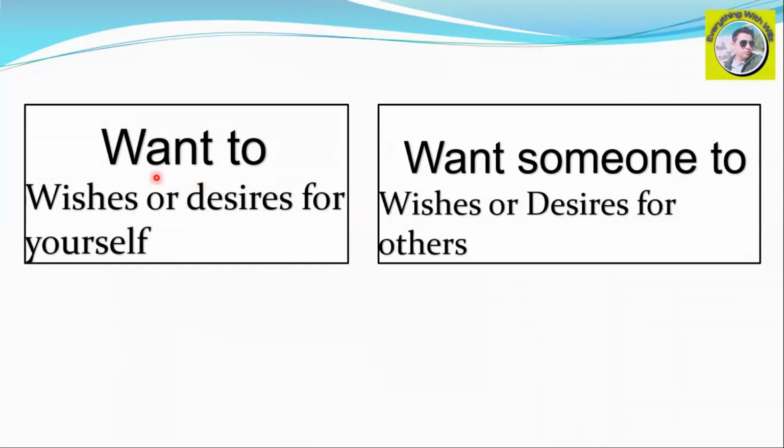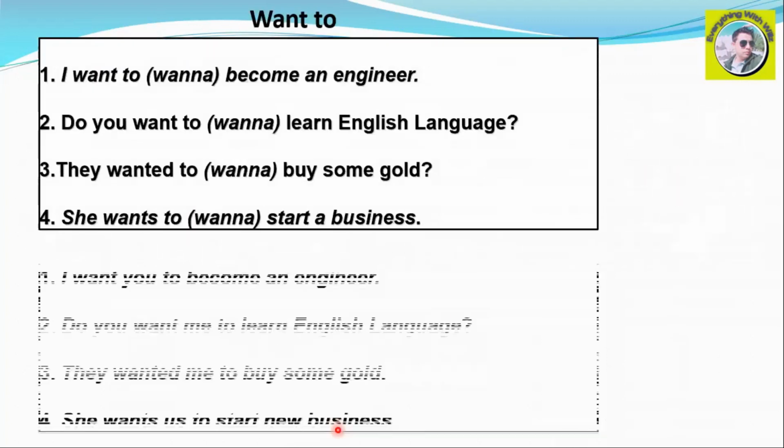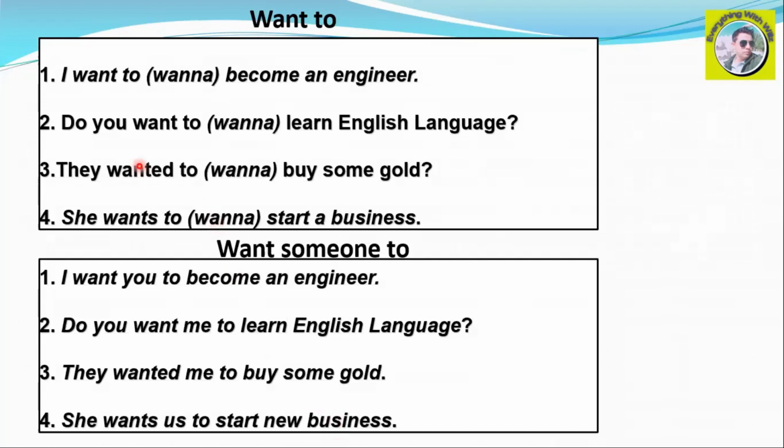So when you want to talk about desires for yourself, you use "want to". And when you want to talk about your desires, but not for yourself, for somebody else, you use "want someone to". And in place of "someone", you can use any object pronoun like him, her, them, us, or any noun, any name. Let's see the examples and they will give us more details.